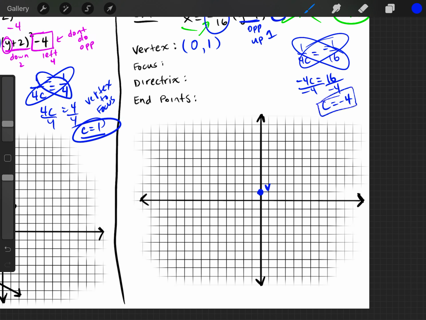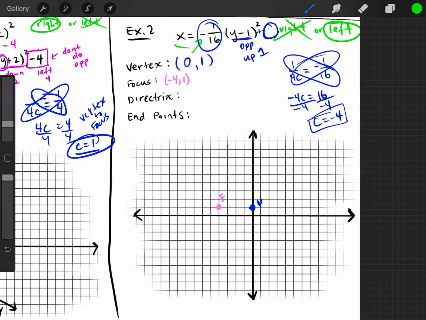Which means that's our distance from our vertex to our focus. Since it's negative, we do the opposite, so instead of opening to the right, we open to the left. We go from our vertex, we're going to go left 1, 2, 3, 4. That point right there is our focus. We can write that as a coordinate point. That's at -4, 1.